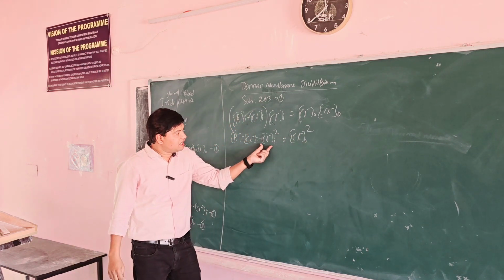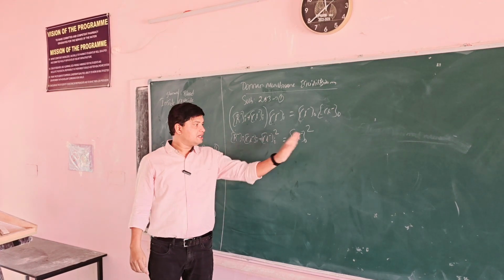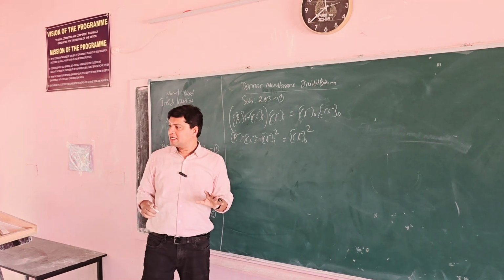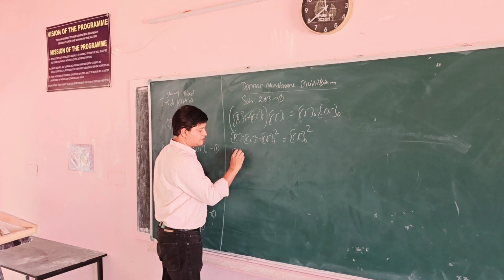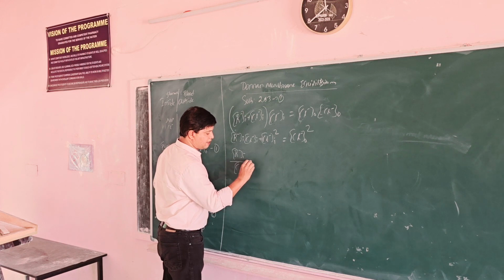I want this Cl minus to come down. If I send it there, it will be minus. I want it down. So there is a mathematical gimmick. What we'll do is R minus inside divided by Cl minus inside plus 1.